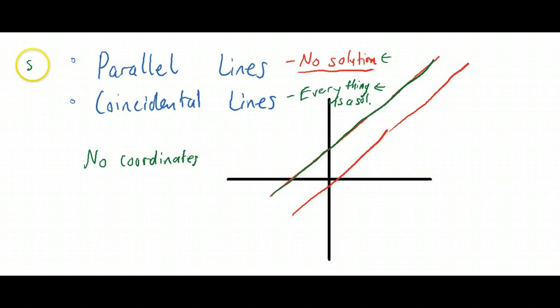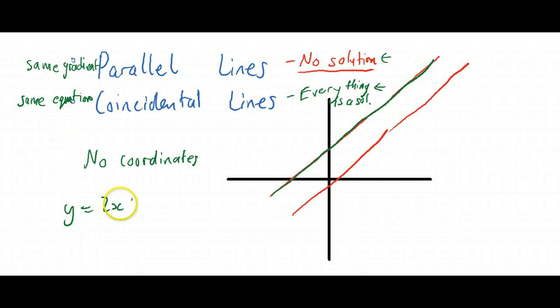Parallel lines, same gradient, that would be the clue for that one. And coincidental lines, they would actually be the same equation. And you might think, well, that'll be obvious if I look at two equations and they're the same. But just think about this. y equals 2x plus 3. I can rearrange that equation. I can make it look like something else. I can go minus 3, minus 3.